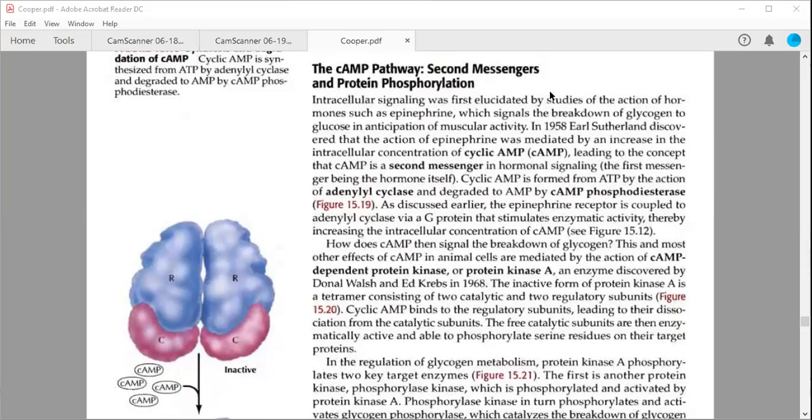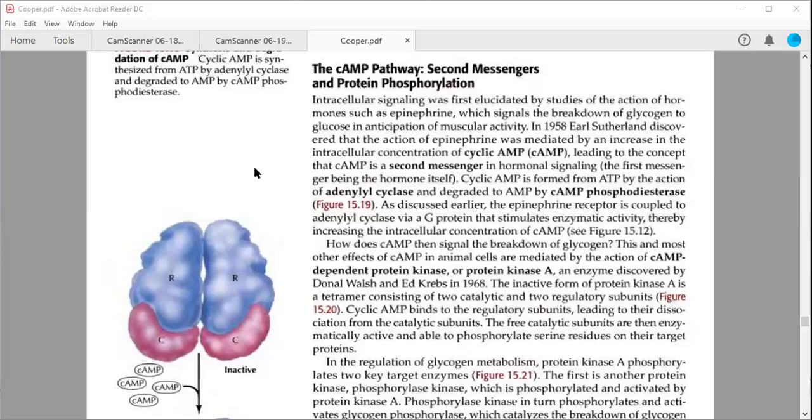It is responsible for the signal leading to the breakdown of glycogen to make glucose in anticipation of muscular activity. Whenever you do physical exercise, you will require lots of glucose. So from where are you going to get the energy? From the stored glycogen in your muscles. This muscle glycogen should be broken down, and this is done with the help of the GPCR pathway.